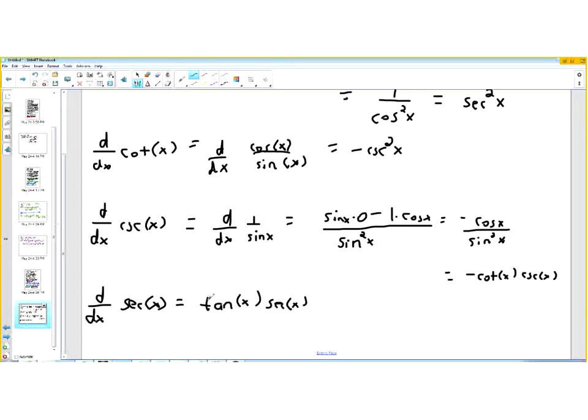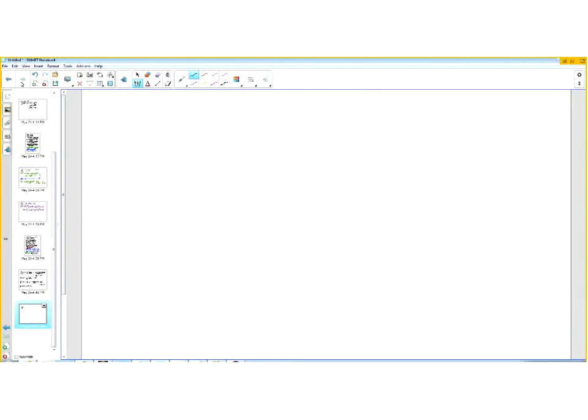Let's think about some interesting examples. I've got a couple of examples. How about we solve this kind of problem? The limit as x approaches 0 of sine of 7x divided by 4x.